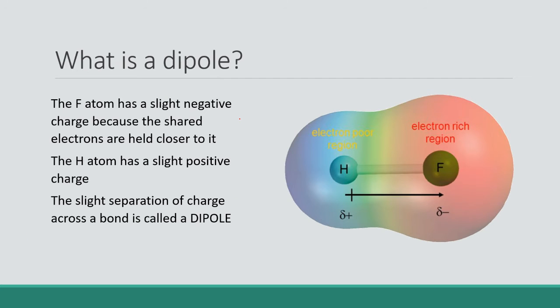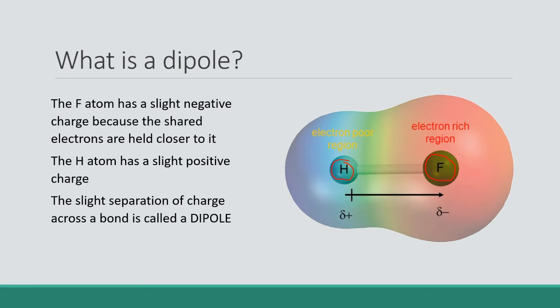Okay, so what is a dipole? If you think of the North Pole and the South Pole, it's some sort of opposites. It's on the opposite side of the world. And so when we're thinking about atoms and electrons, we're thinking about opposite charge. The opposite to positive is negative. In this picture, we've got a bond between a hydrogen atom and a fluorine atom.